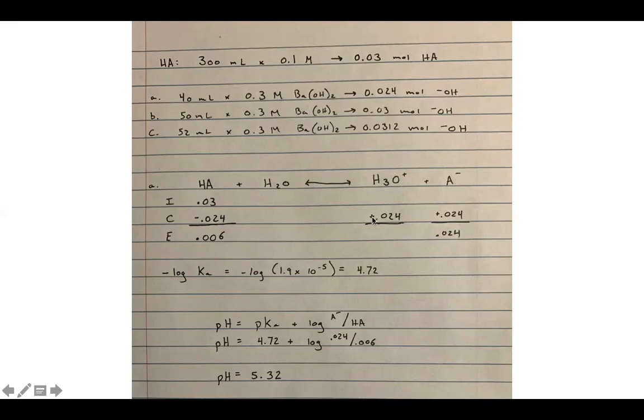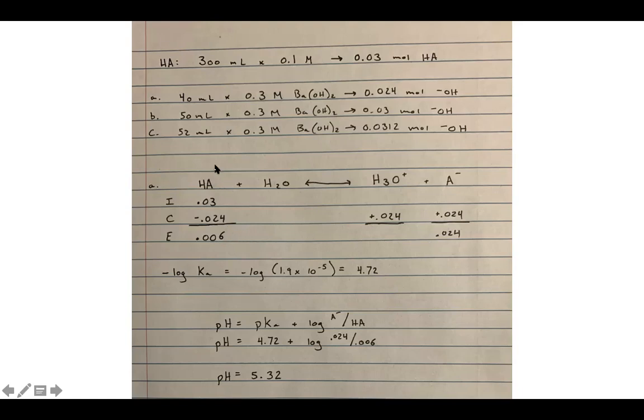Okay, so our change, we want to be plus 0.024 moles of hydronium so that it neutralizes the hydroxide. Okay, so it's going to be plus that amount to products, minus that amount from reactants, and at equilibrium, we will have 0.006 moles of weak acid and 0.024 moles of conjugate base. Okay, anytime you are before the equivalence point, you should have some amount of weak acid and conjugate base at equilibrium. Okay, you should have some amount of each.